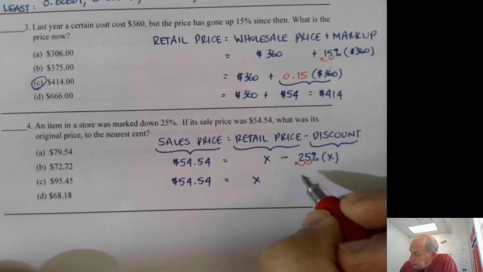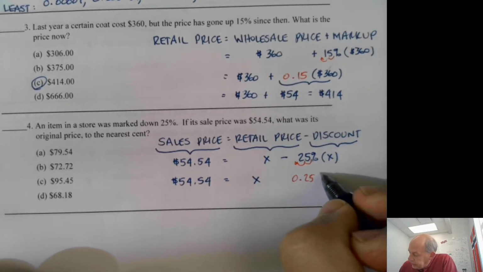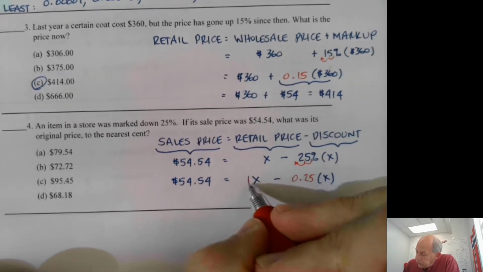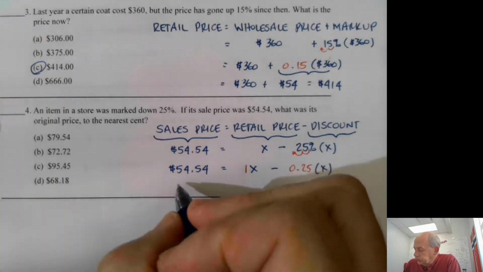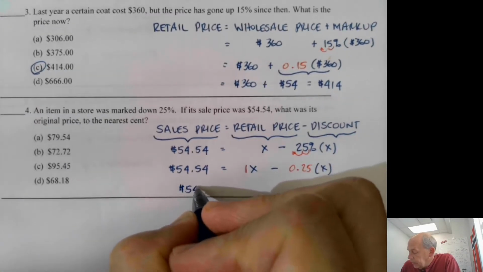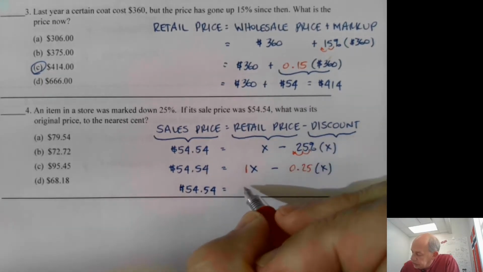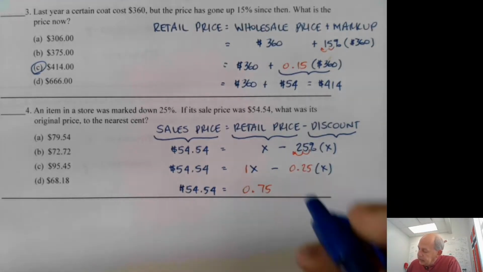Move the decimal over 2 places, minus 0.25. There is my x. Don't forget there is a 1 in front of your x value. So I have 54 is equal to 0.75 times x.